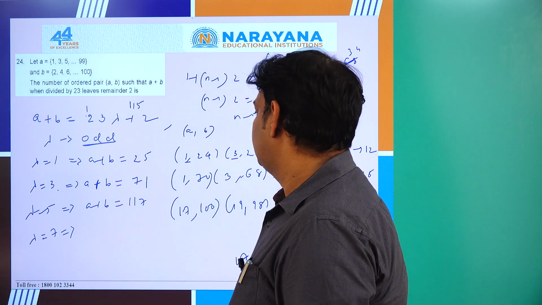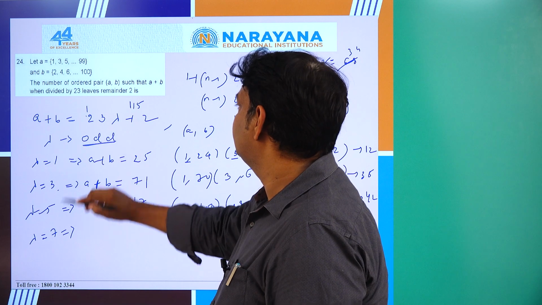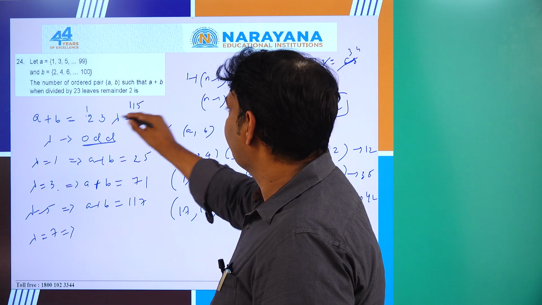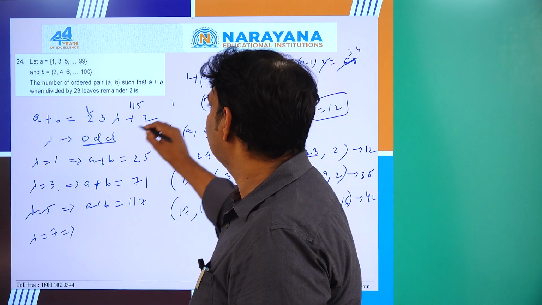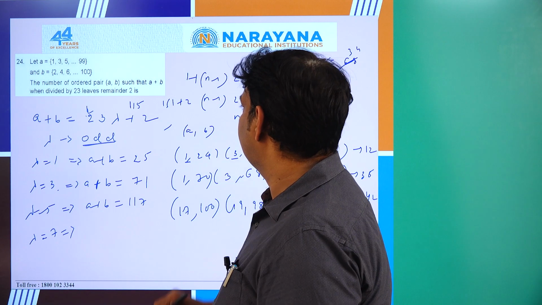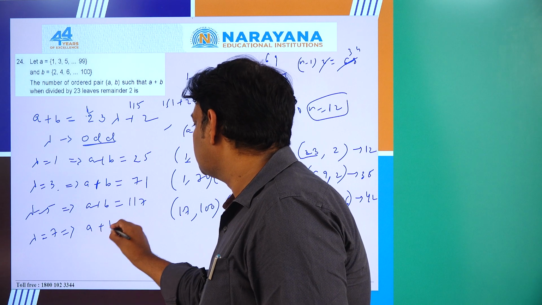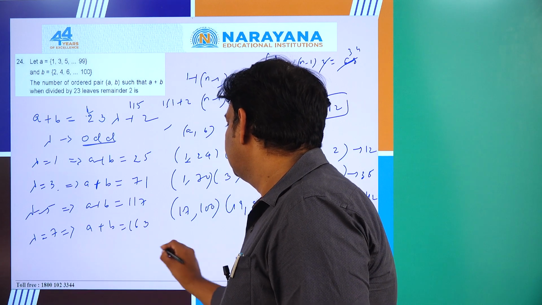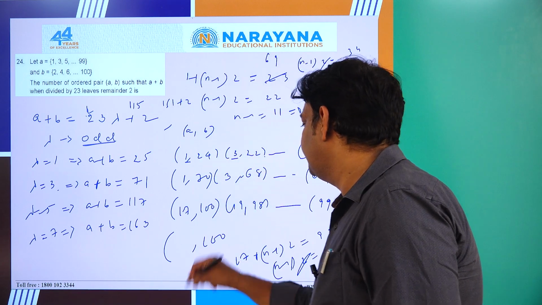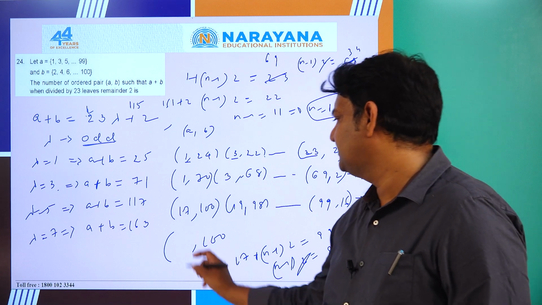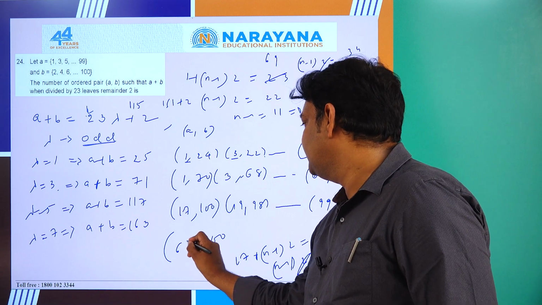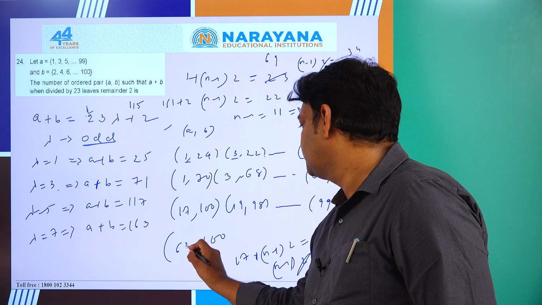Now we will go for lambda is 7. A plus B is 163. So again it is taking 100 as the maximum possible value, then A will be 63.